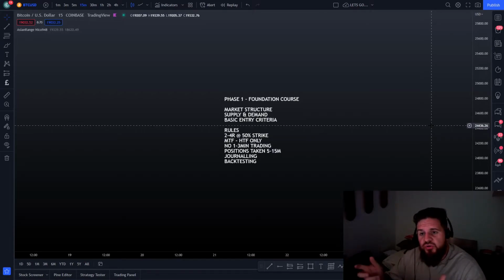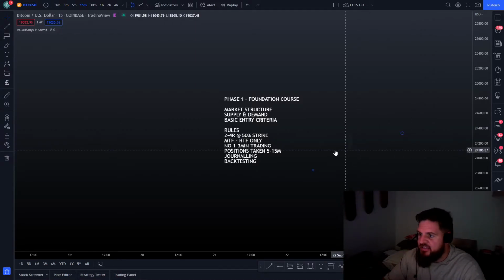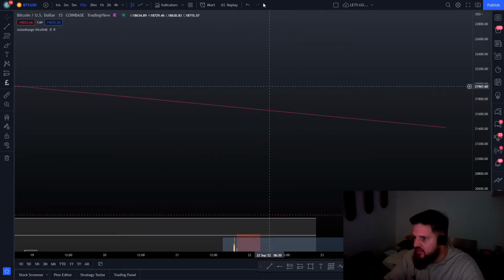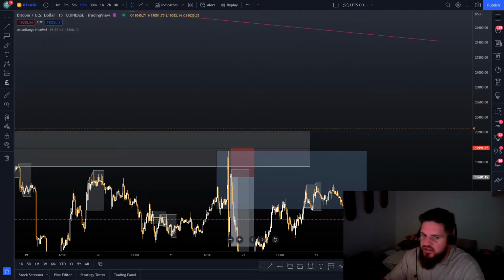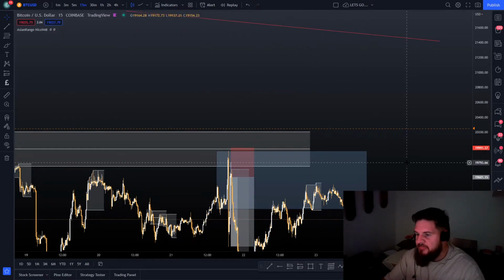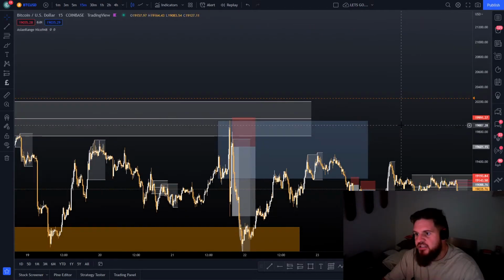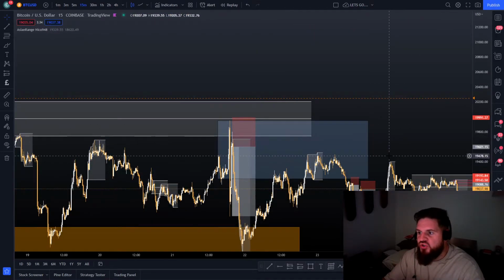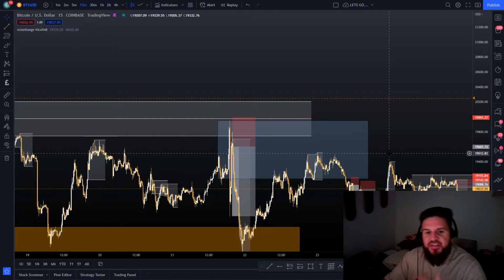Once you've got your journaling spreadsheet ready, your back testing becomes easier as well because it's basically just the same spreadsheet. So you just create another copy of it and then you back test and you go through the markets, and as you're going through the markets you take your trades and you write about them just like a journal. Now this process of writing about your trades, making sure that you're documenting what worked well, what didn't work well, etc, this is what progresses you.